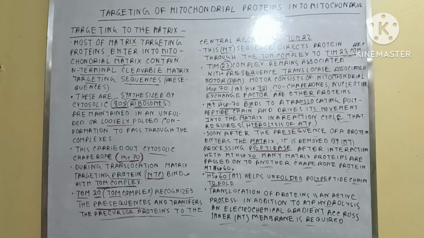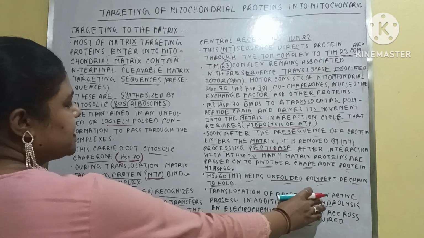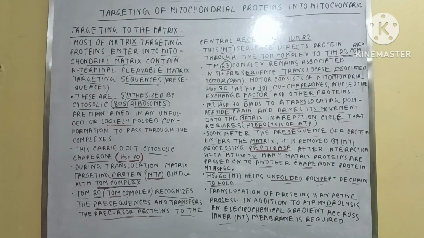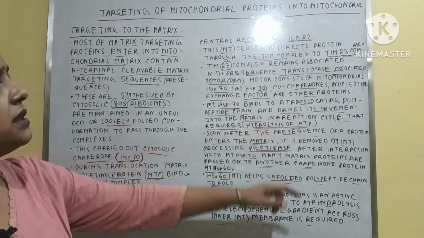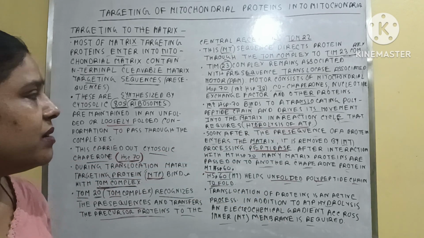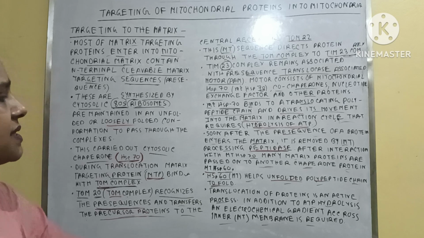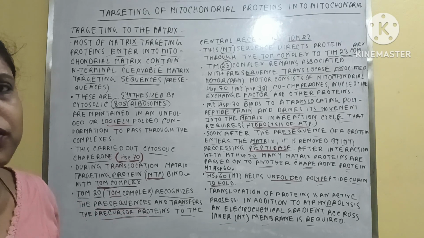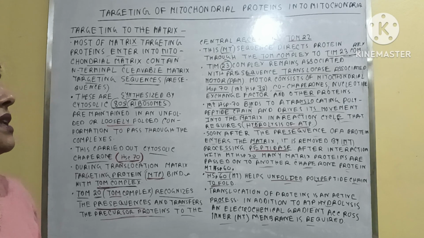This translocation of proteins is an active process, and in addition to ATP hydrolysis, an electrochemical gradient across the inner membrane is required. So it is again mentioned here that hydrolysis of ATP is necessary.